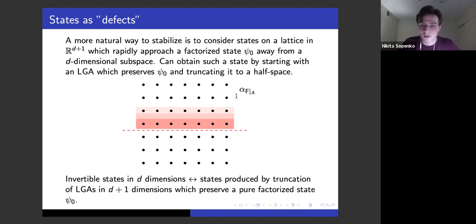So in this picture, we have some two-dimensional lattice, and we consider LGA alpha of f, which preserves the state. But the zero chain that generates this automorphism can be truncated to a half space. And its truncation produces some state which is almost localized, in the sense that far away, the state faster than any power approaches this pure factorized state.